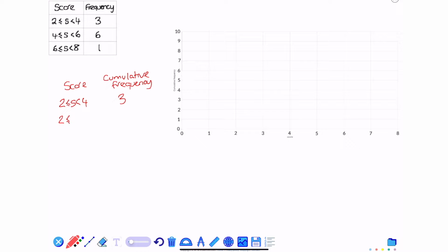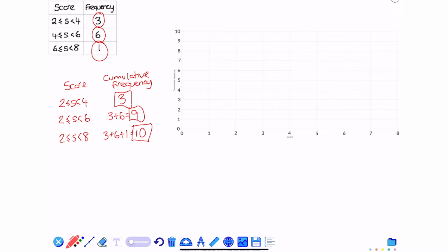But from 2 all the way up to 6, it has a cumulative frequency of 3 plus 6, which is 9. I've added the 3 and the 6 together. From 2 all the way up to 8, I can see that it's got a cumulative frequency of 3 plus 6, which is 9, add on the 1, which is then 10. These are my cumulative frequency values.